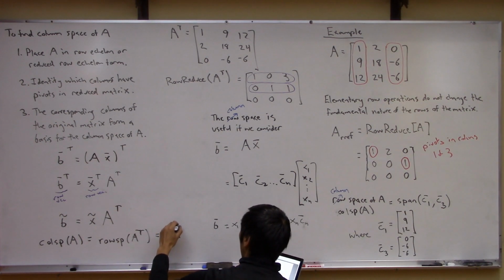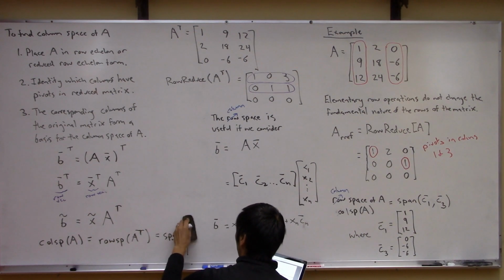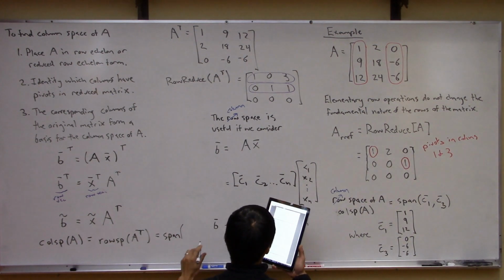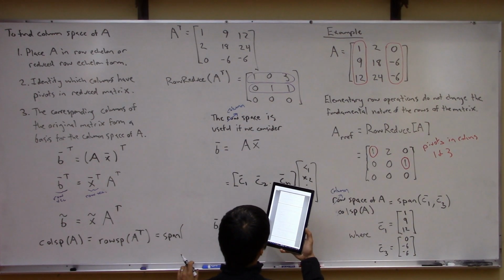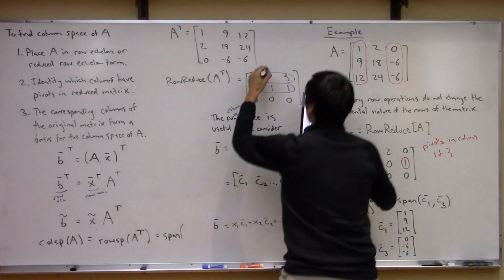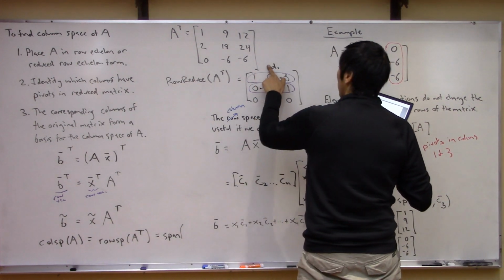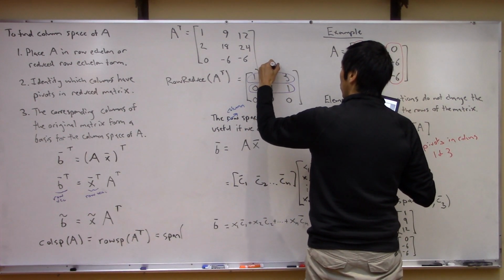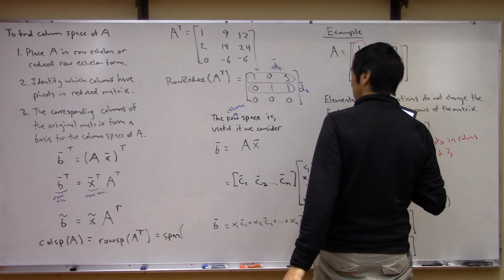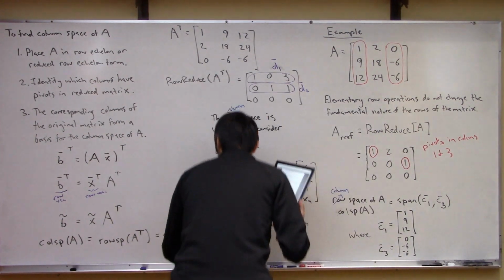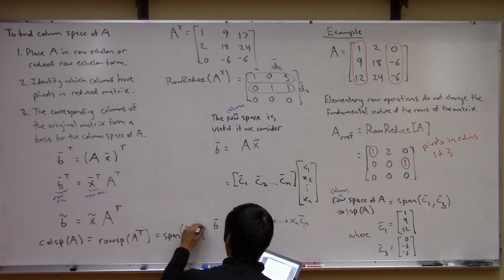Let me call these another two vectors. I think I called this D1. Maybe I should do this in purple, because it's all purple. So D1 is this row, and this is D2. So now this is spanned by D1 and D2.